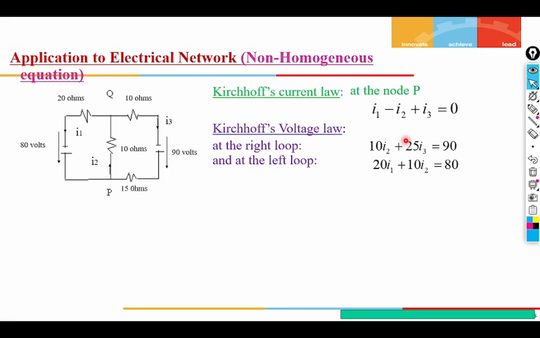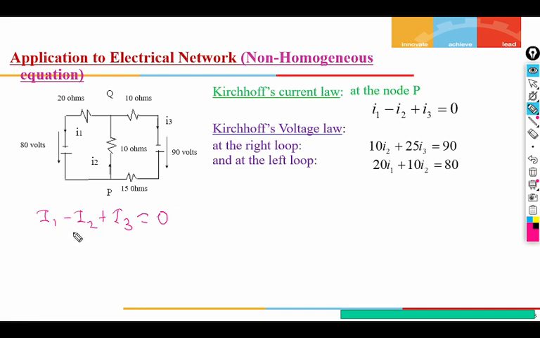So for this, obviously we require these equations. I'm just noting them. The first equation I will take as I1 minus I2 plus I3 equal to 0. That is the first equation. For the next equation, you can take any one, either this or that. Okay, I will go this way only.